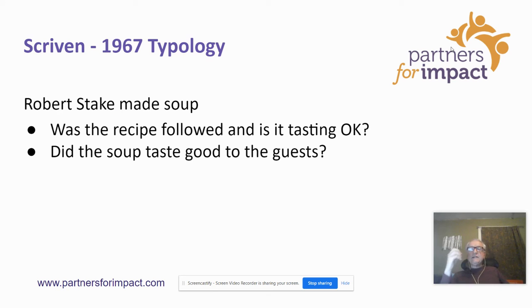So typology is just a way of classifying it, and I use a lot of food in my videos, and you'll see that when I talk about logic models and cookies. Robert Stake was one of the first people to really differentiate two types of evaluation. And they were based on, was the recipe followed, and is it tasting okay, right?